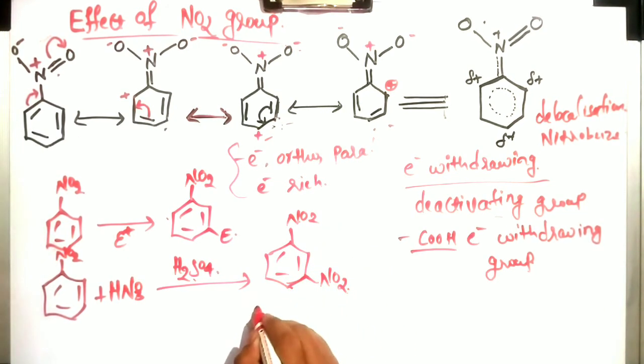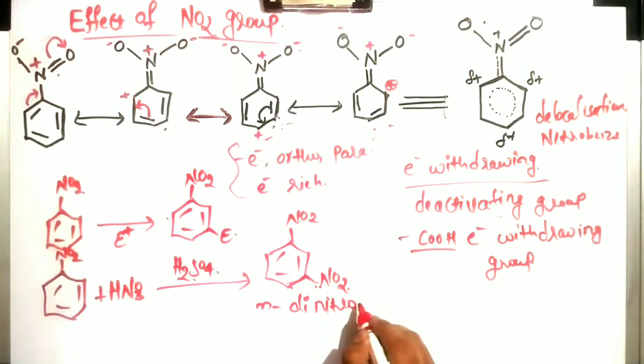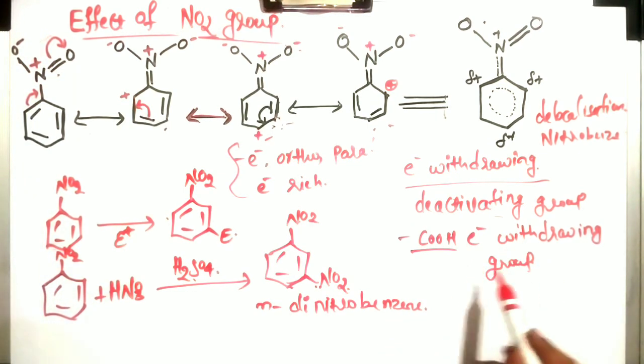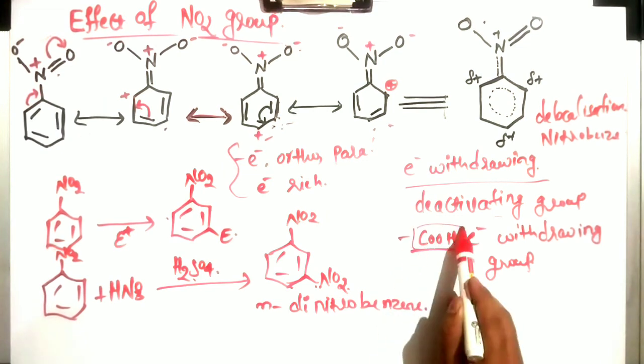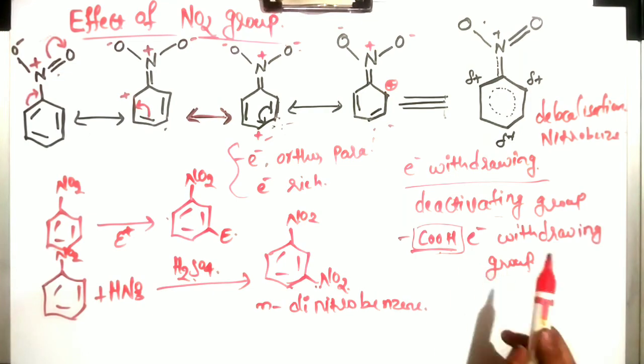Okay, and NO2. So what we can see is meta. This is the meta position. We have two nitro groups: meta-dinitrobenzene. Okay. So this is about the effect of the NO2 group. So you do this work. Now write the resonance structure or effect of the carboxylic group in the benzene ring.